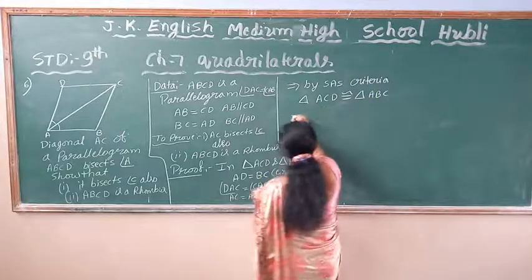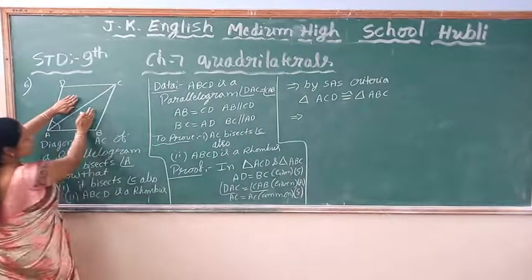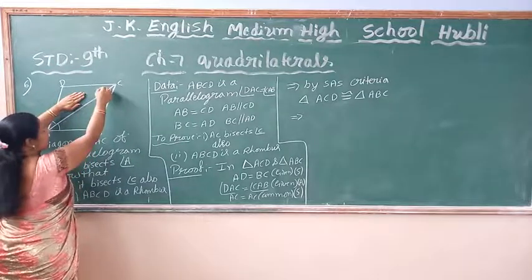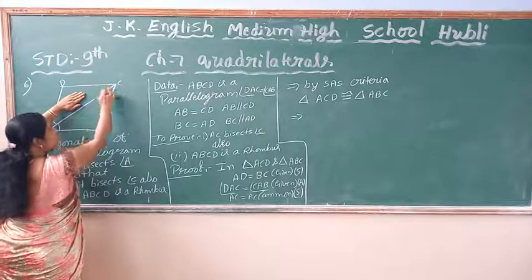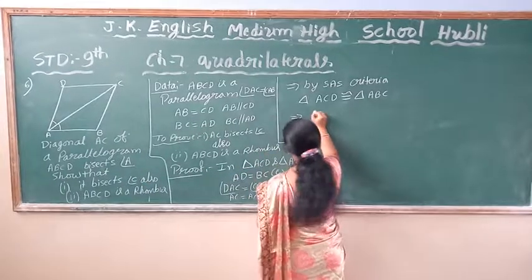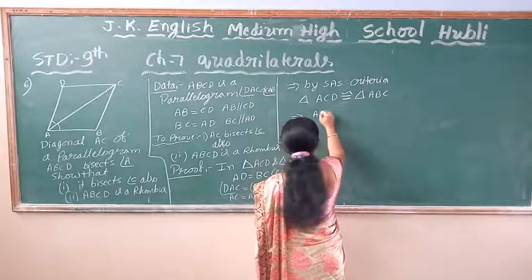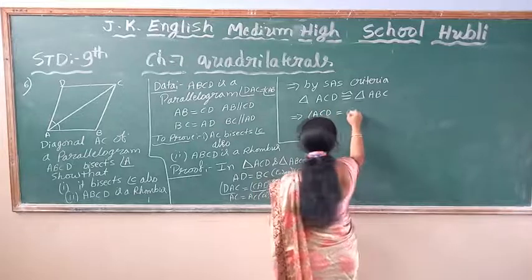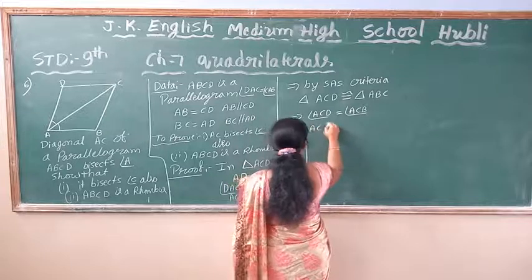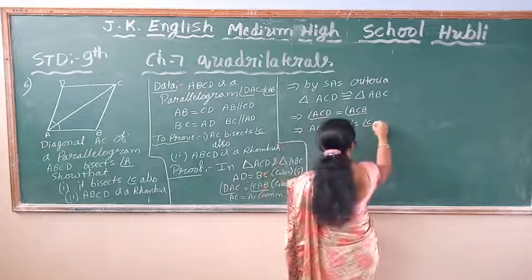It implies that, see, if these two triangles are congruent, I put by AAS criteria. So then if these two triangles are congruent, then automatically these two corresponding angles are equal. So I put first one, that is angle ACB is equal to angle ACB. So it implies AC bisects, diagonal AC bisects angle C also.